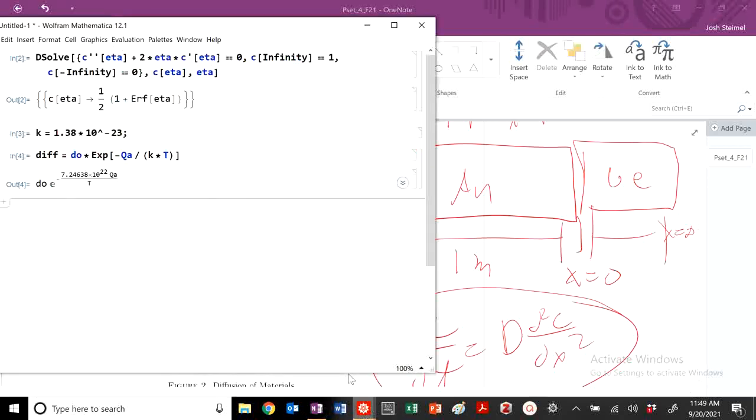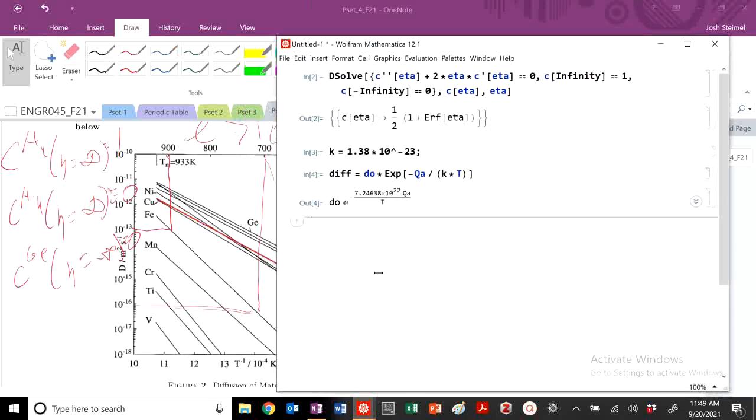So I know, for example, that for here, my diff, I need to solve two equations simultaneously. So my diff is equal to basically 10, and I need to plug in. So diff, T goes to 900. We need to make sure that we're in Kelvin, so that's really, really important.